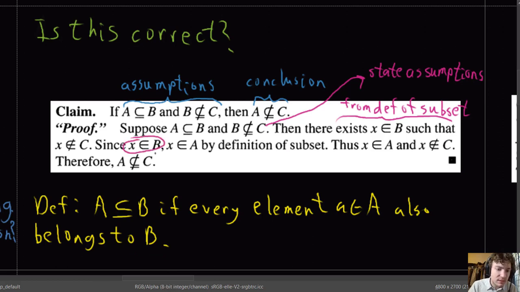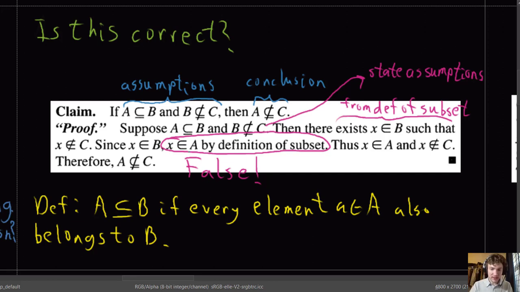This sentence claims that if x belongs to B, it must belong to A. That is not true at all. That would be true if B were a subset of A, but we've assumed the opposite, that A is a subset of B. So this is false, and this is an incorrect deduction.